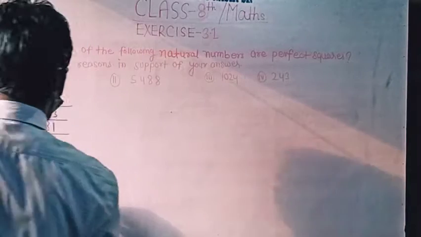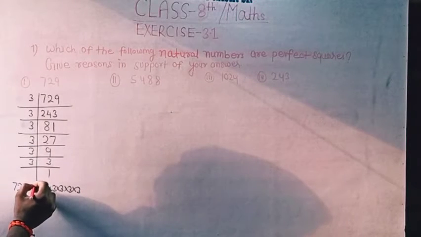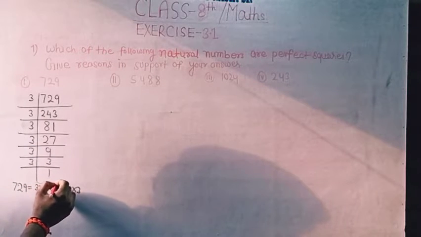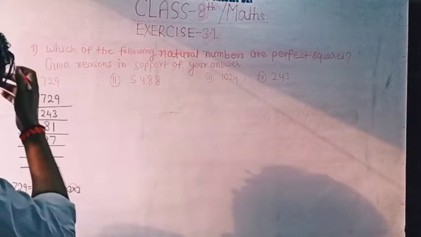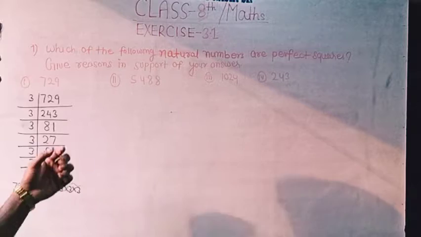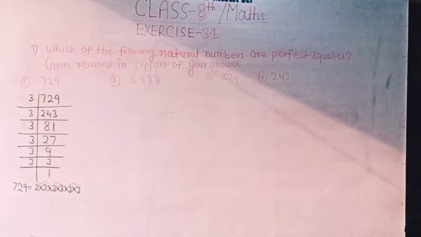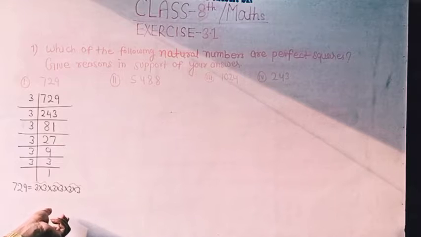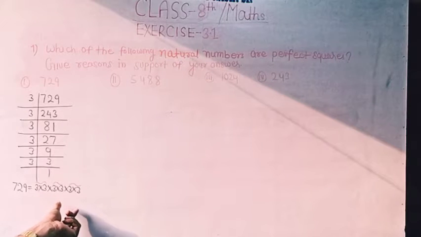Now make the pairs. This is the first pair, second pair, and third pair. So here we see 729 can be expressed as the product of pairs of equal primes.